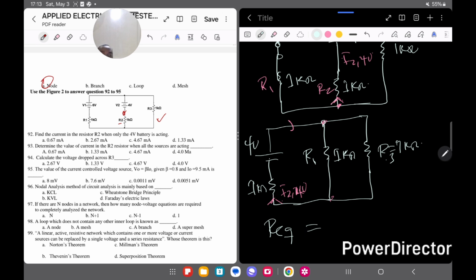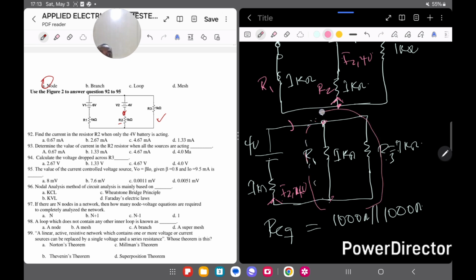This and this are in parallel, so let me just use their values straightforward. 1 kilo ohm is 1000 ohms. So we have 1000 ohms here, in parallel with another 1000, which is R3. And then this part is the parallel connection here.